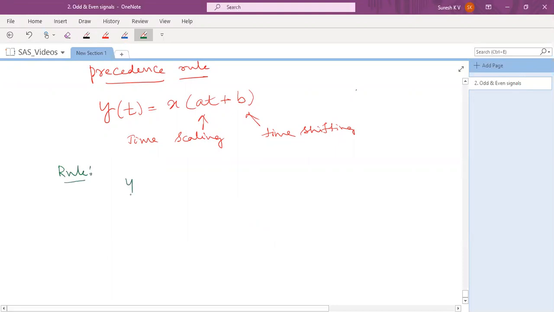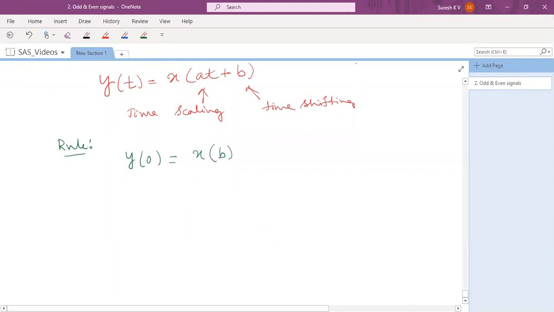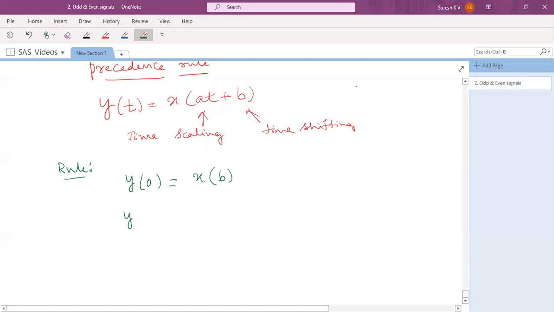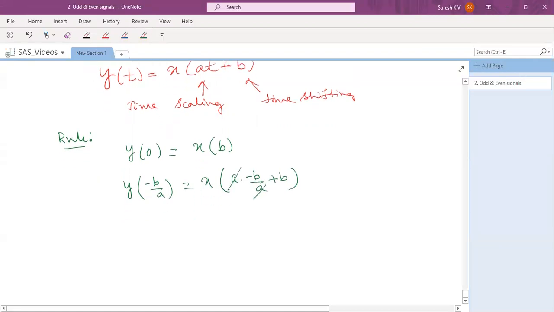for example, just to make a clarification, suppose t is equal to 0, y of 0 is x of b. Say if t is equal to minus b by a, then the right hand side is a into minus b by a plus b. a cancels with a, so x of minus b plus b is x of 0.